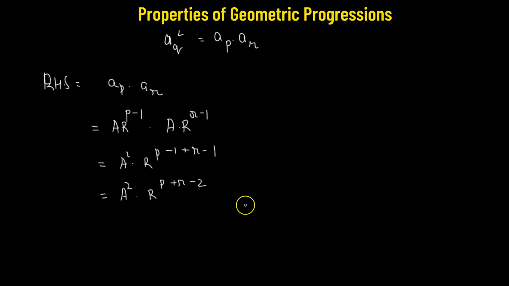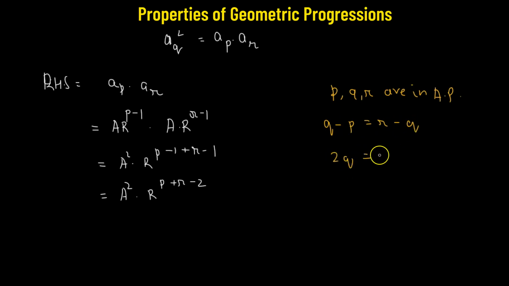Now it's given here that these three numbers P, Q and R are in arithmetic progression. If they are in arithmetic progression, then Q minus P must be equal to R minus Q, or in other words, 2Q must be equal to P plus R. So in place of P plus R, we can replace that with 2Q, such that we have A squared multiplied by R raised to the power of 2Q minus 2.